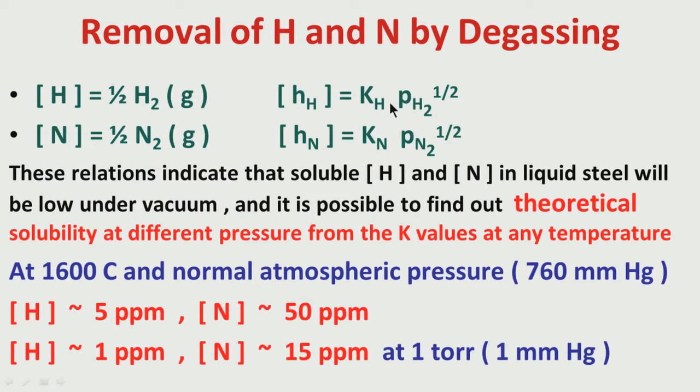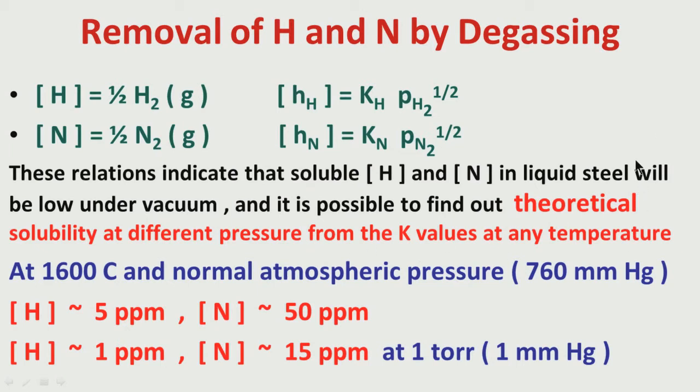So, these Kh and Kn figures are all equilibrium constants which are possible to get from thermodynamic calculations. So, we know what are the possibilities of getting soluble hydrogen and nitrogen at some partial pressure or at some vacuum level. So, these are all theoretical calculations. This theoretical solubility at different pressures from the K values at any particular temperature is possible.